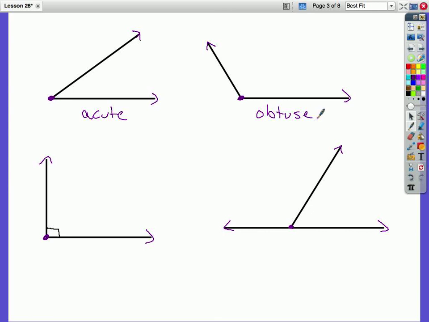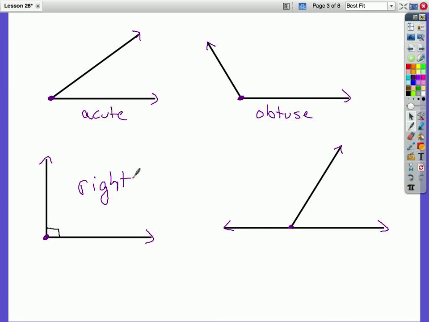It's big. When we say obtuse, it sounds big. So obtuse is big, acute is cute and little. Okay? Bigger than 90, less than 90. A 90-degree angle, such as one in the bottom left, is going to be called a right angle. So we have two rays that are intersecting to form an angle that's exactly 90 degrees.